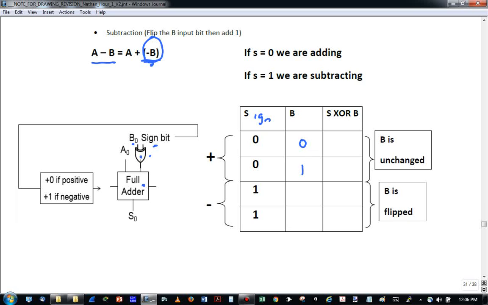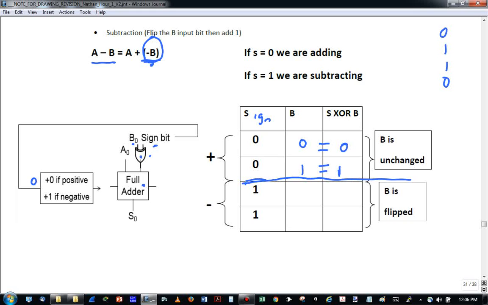So remember, the XOR table looks like this. So 0 XOR 0 is 0, 0 XOR 1 is 1. 0 is the same as 0, 1 is the same as 1. So in this case, when we're doing addition, B is unchanged, and we plug a 0 into the carry-in. So there's no difference to the value.